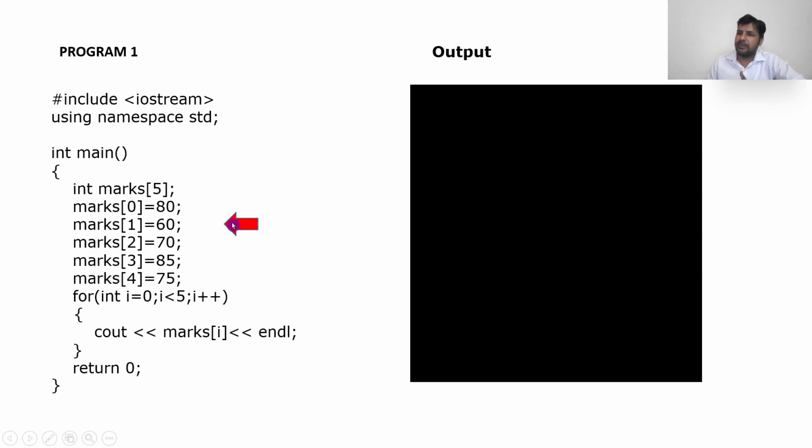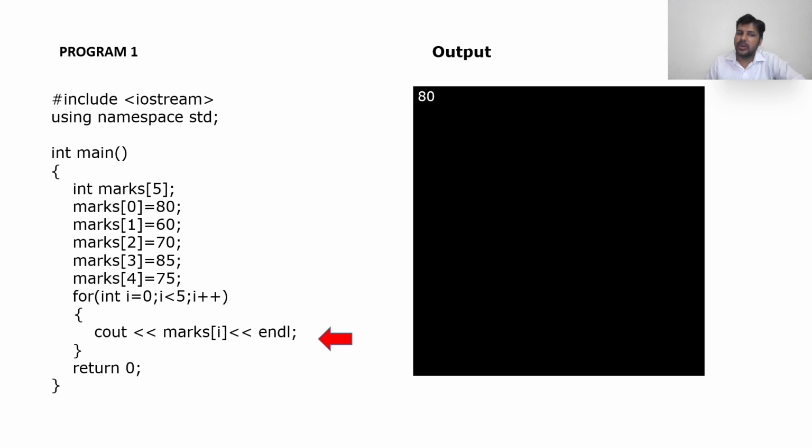When I run this program, you can see the program and output. First I have inserted all the values. Now it is checking the loop: i is equal to 0, i less than 5. Yes, the condition is satisfied. What will it print now? What is i? 0.